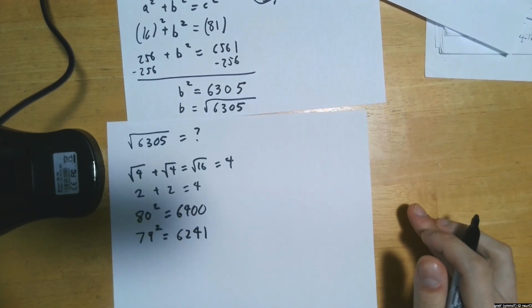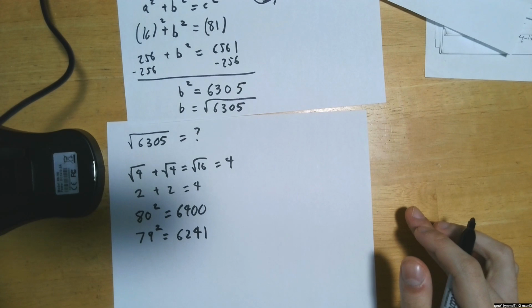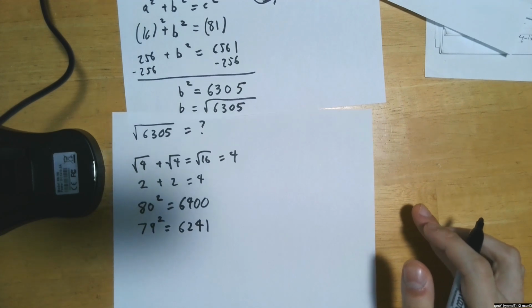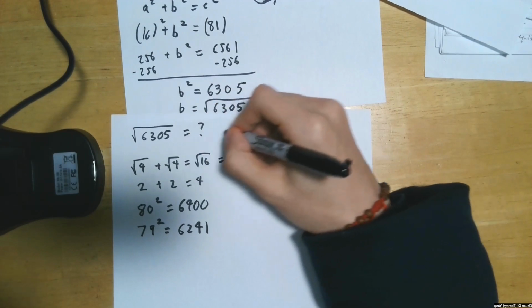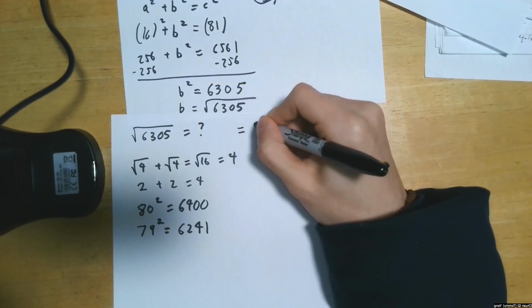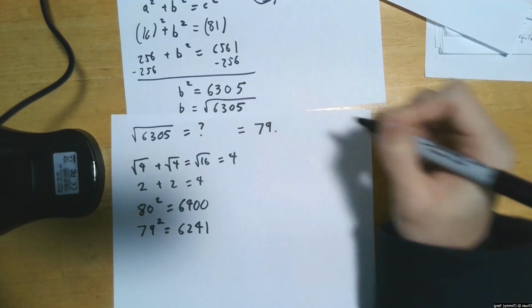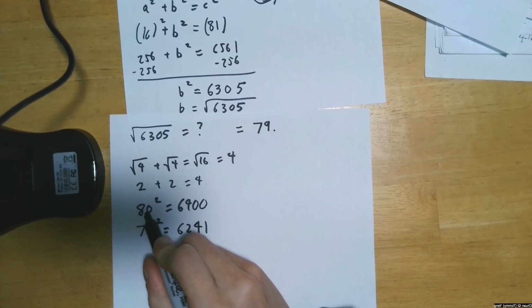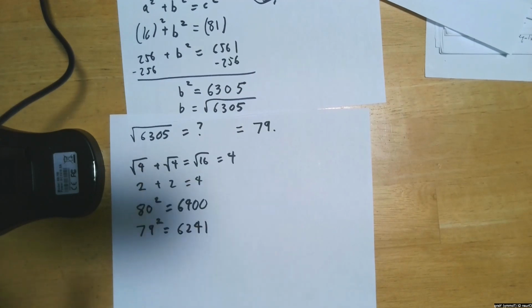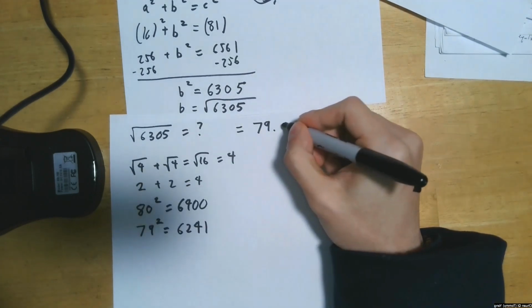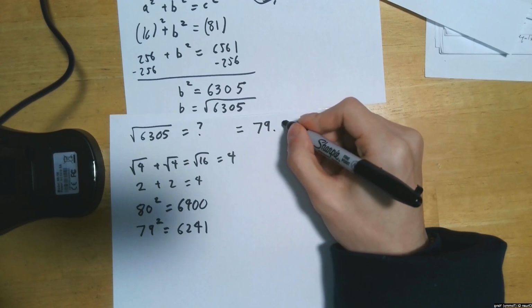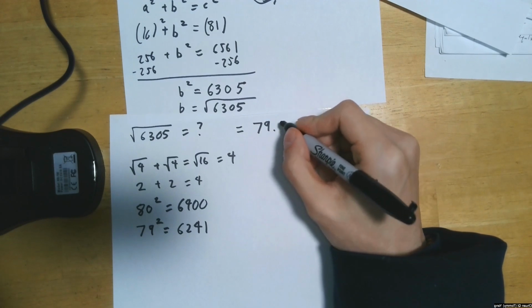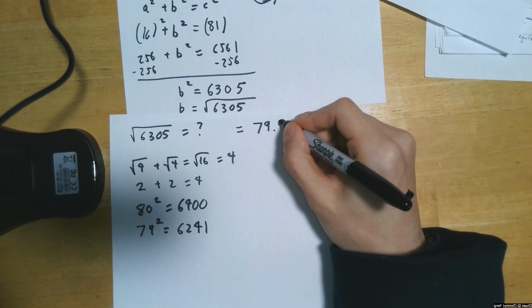Well, that's not very good to work with. But we can approximate that the square root of 6305 will be at least 79, because it can't be 80, since 80 would be too big. But it could be 79 point something, right? Now you would have to just approximate using guesswork here. Let's say we can do 79.5.